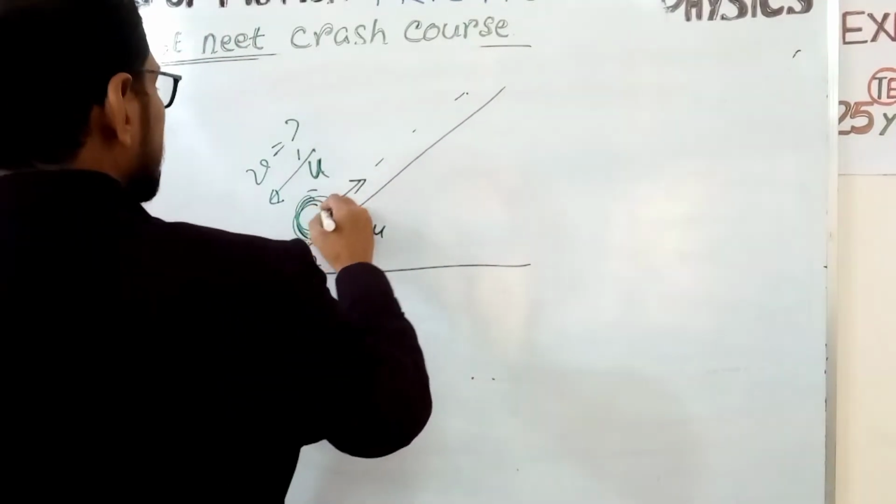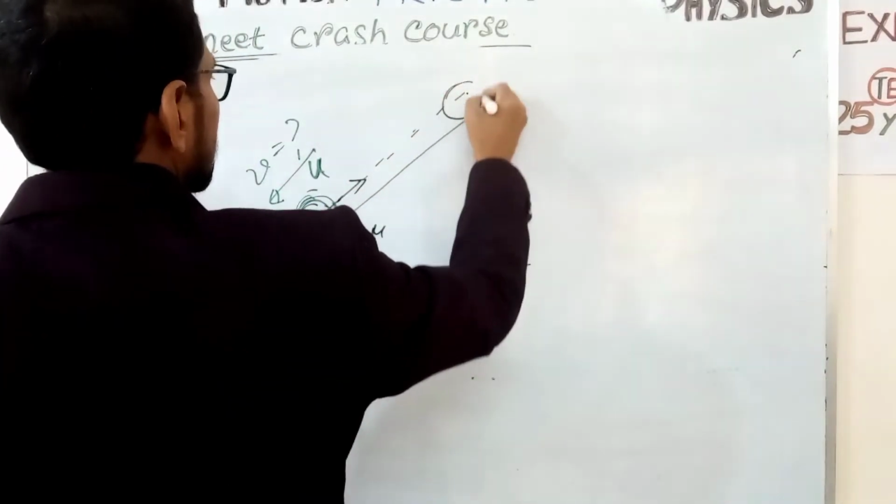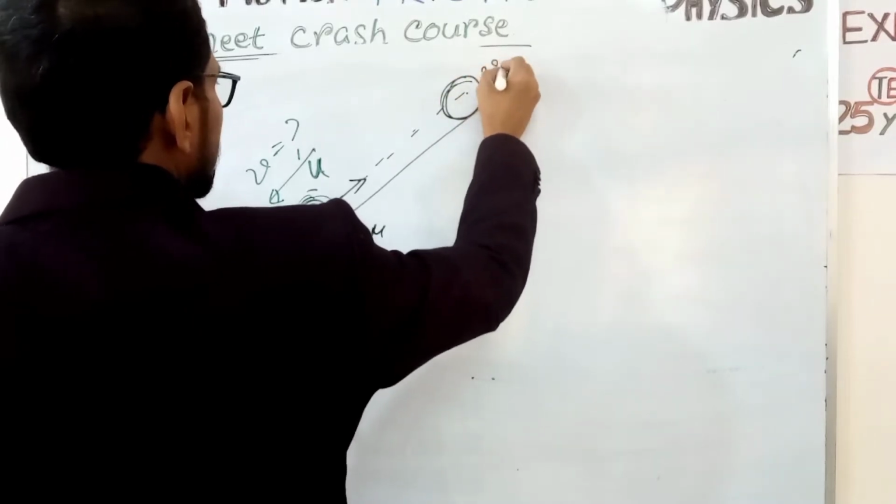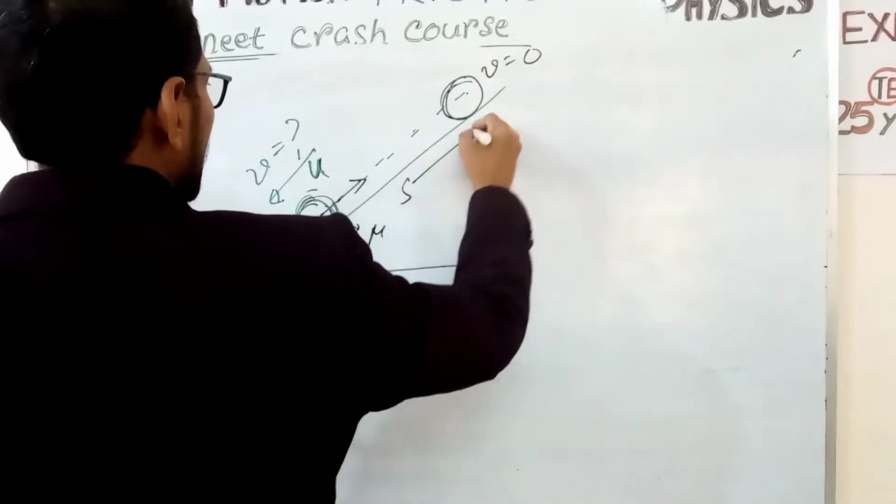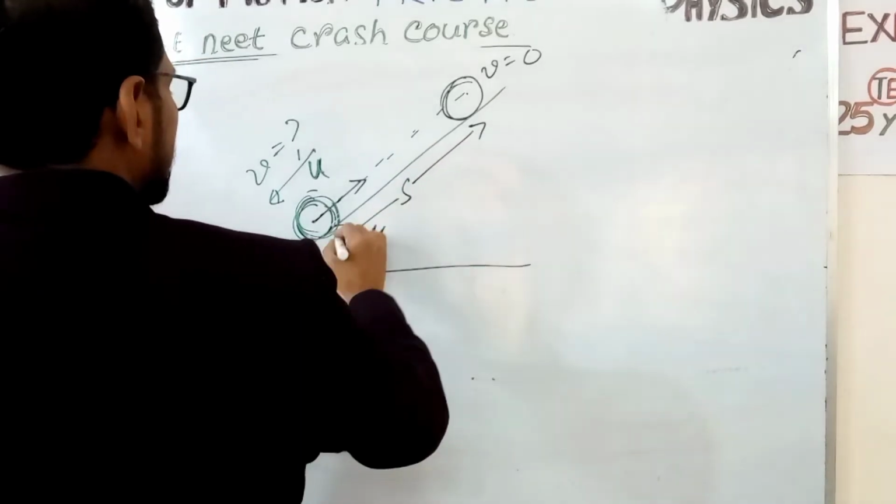Here, what is the distance travelled? The distance travelled where velocity is 0. So first find the distance s.